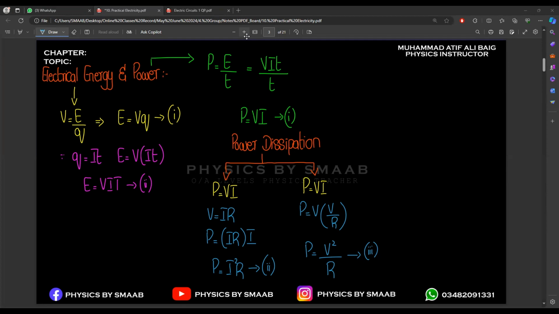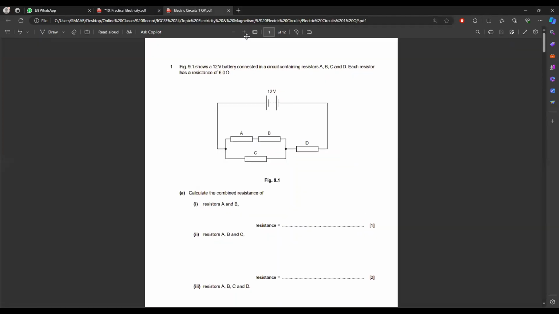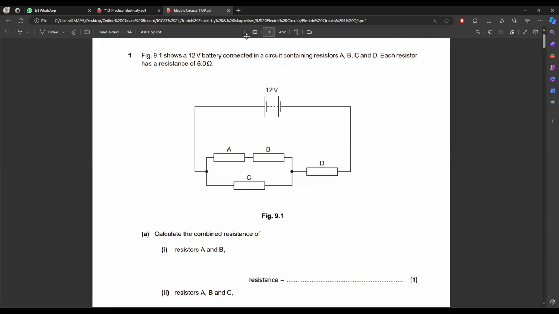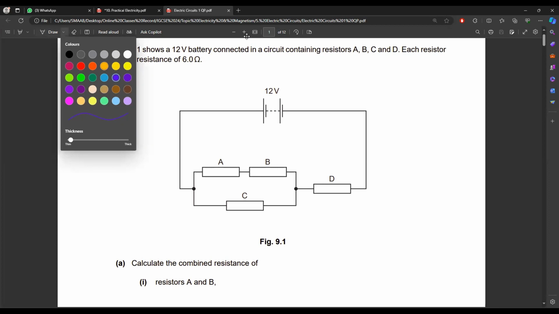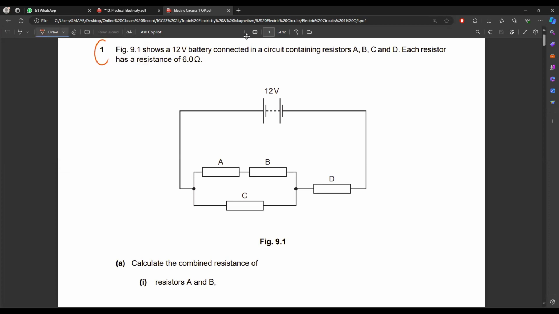And after this, we continue with some questions related to the electrical circuit, like the combination of the resistance, electrical power, electric current, potential difference. So let's suppose this is the first question.